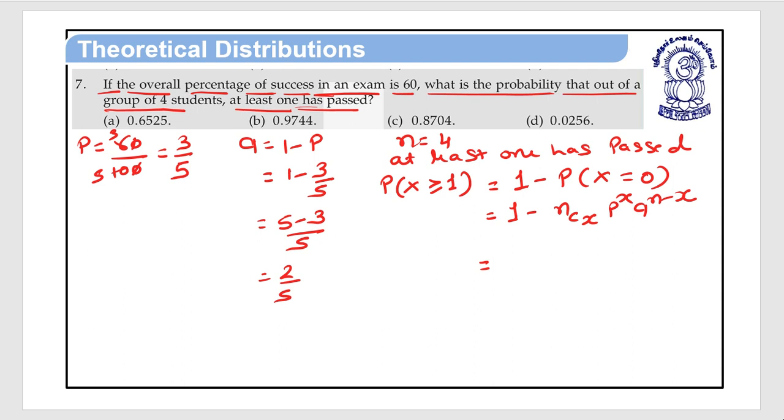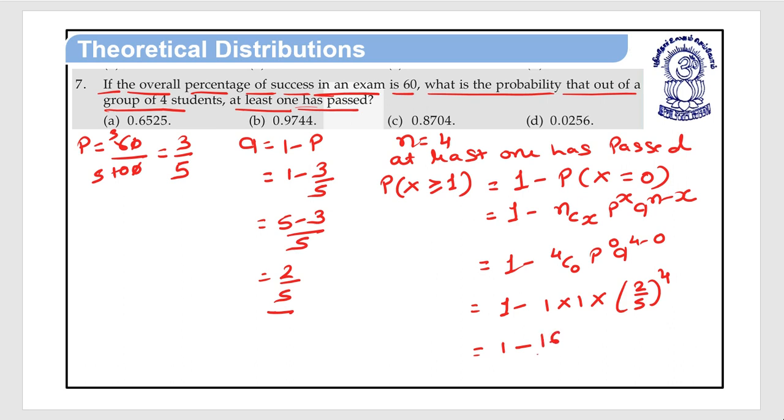Now put n is equal to 4, x is equal to 0. 1 minus 4C0 p raised to 0 q raised to 4 minus 0. 4C0 is 1, p raised to 0 is 1, q raised to 4. The value of q is 2 by 5, so 2 by 5 raised to 4.